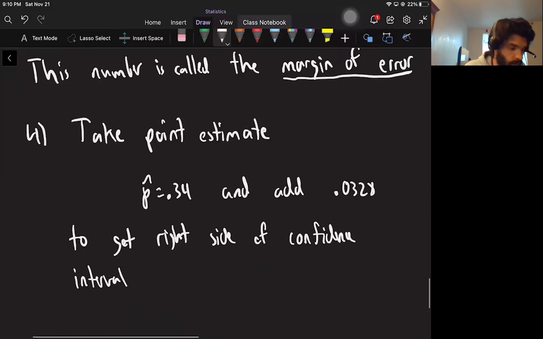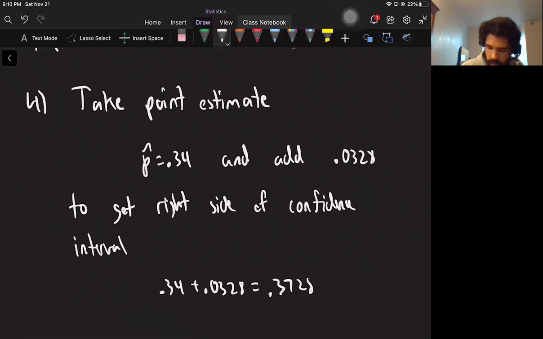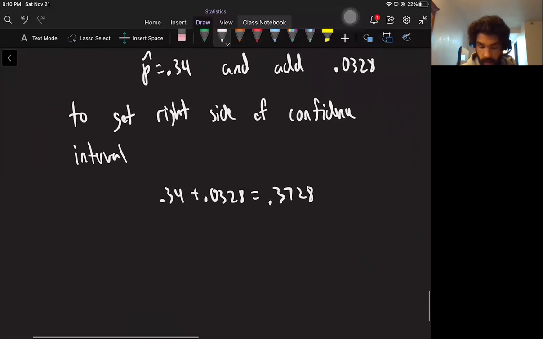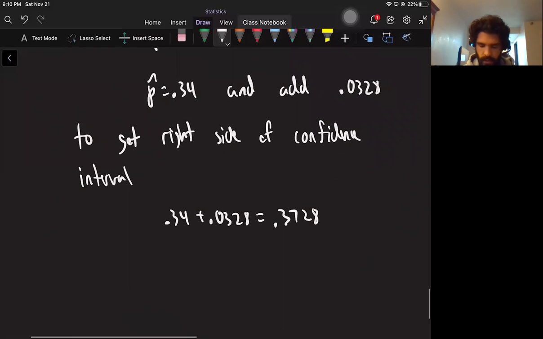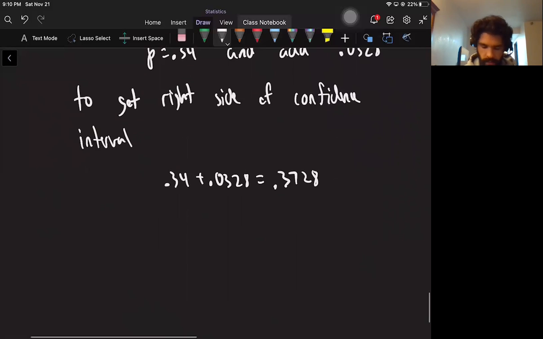So if I do that, I get, let's see, what is this? This should be 0.3728. So this is the right side of the confidence interval. This is how far to the right we think that the true proportion might be. This is as far as to the right we think it could be.